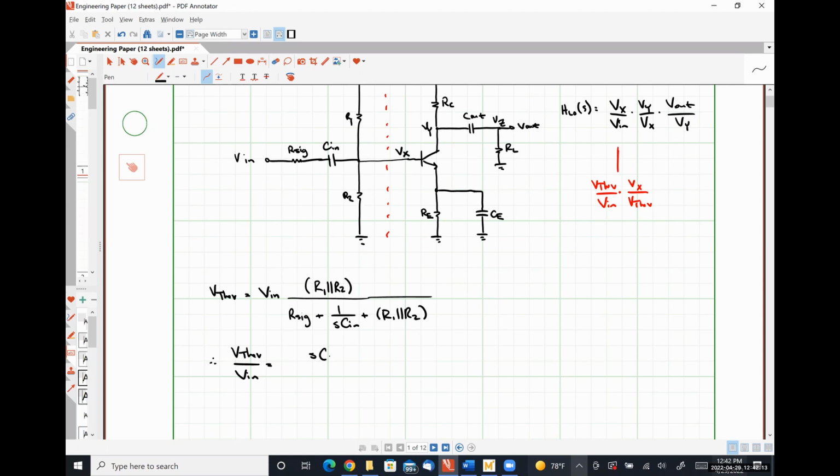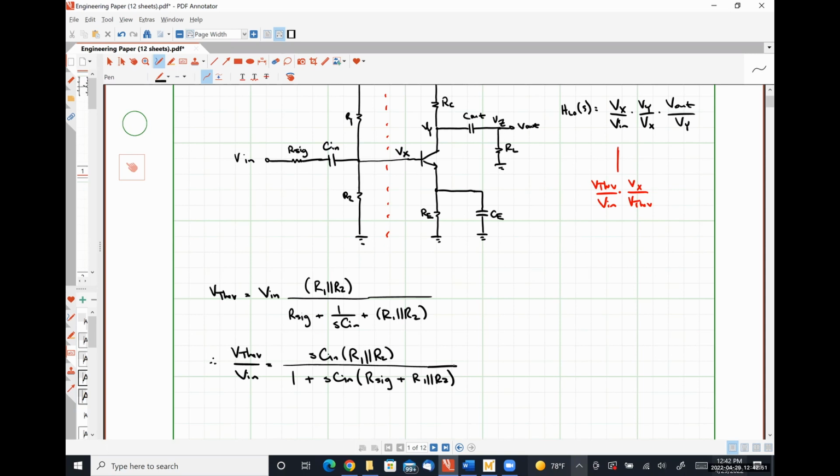So SCn R1 in parallel with R2, because we're multiplying through by SCn over SCn. And when I multiply 1 over SCn times SCn, I get 1. And then I'm going to have SCn times R sig plus R1 in parallel with R2. That should be legit. I'm very surprised that's not what's written on my board, because that is absolutely what's written in my math cat thing.